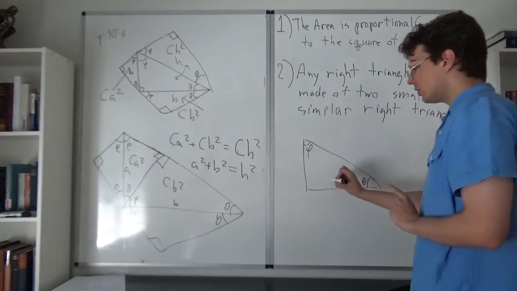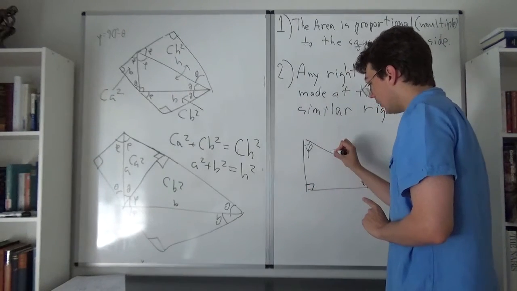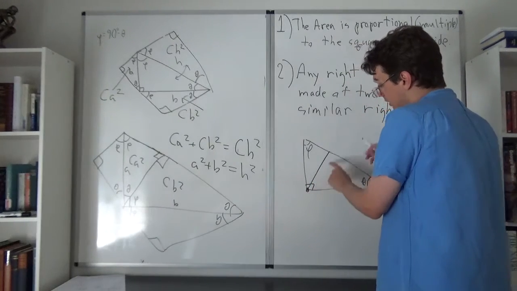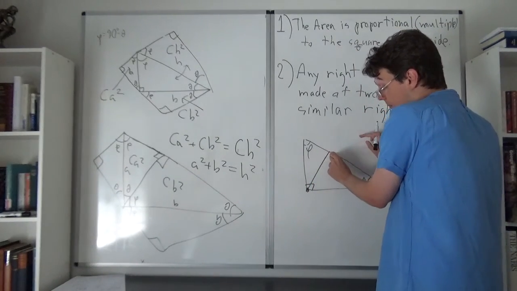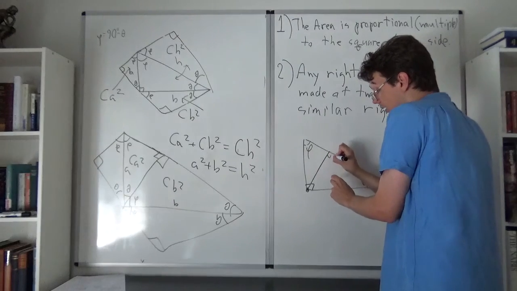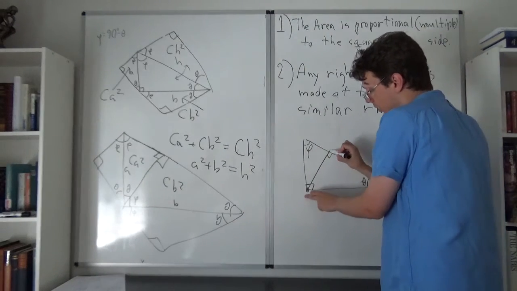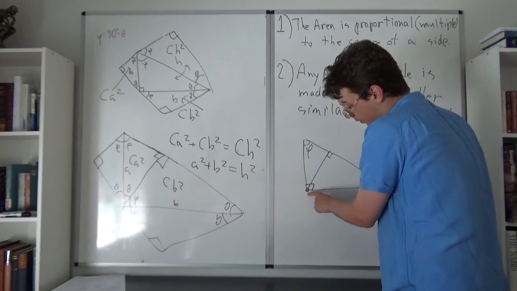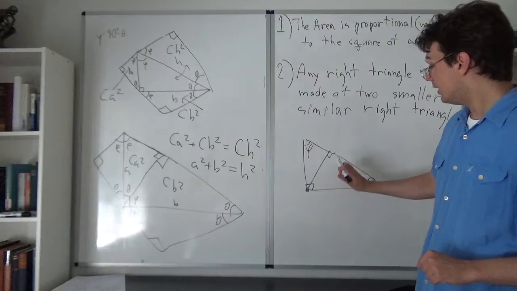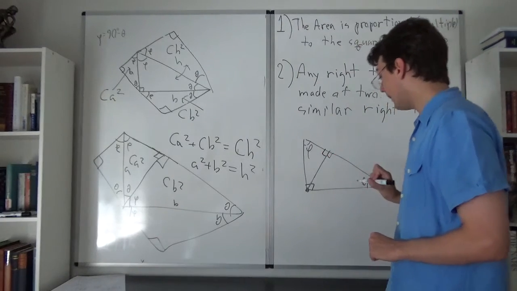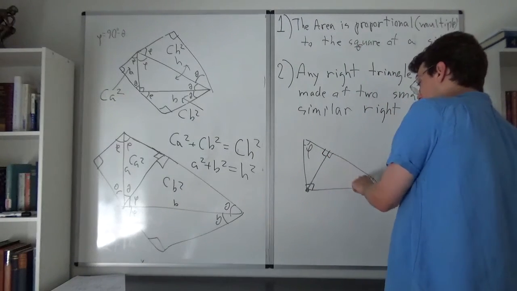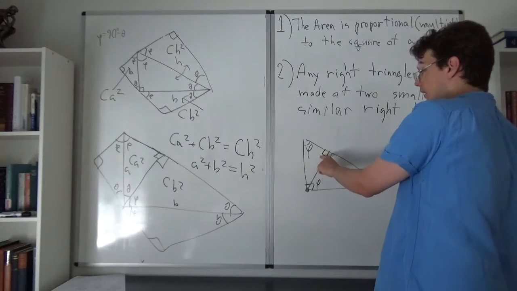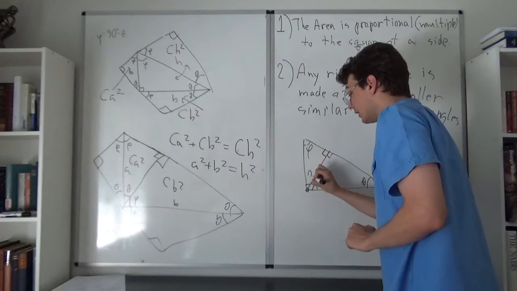Then I can draw a right angle here that is perpendicular at 90 degrees to the hypotenuse, and it goes straight through this particular vertex here. Then I find that if this is 90 degrees and this is theta, this is phi. And since this is 90 degrees and this is phi, this is theta.